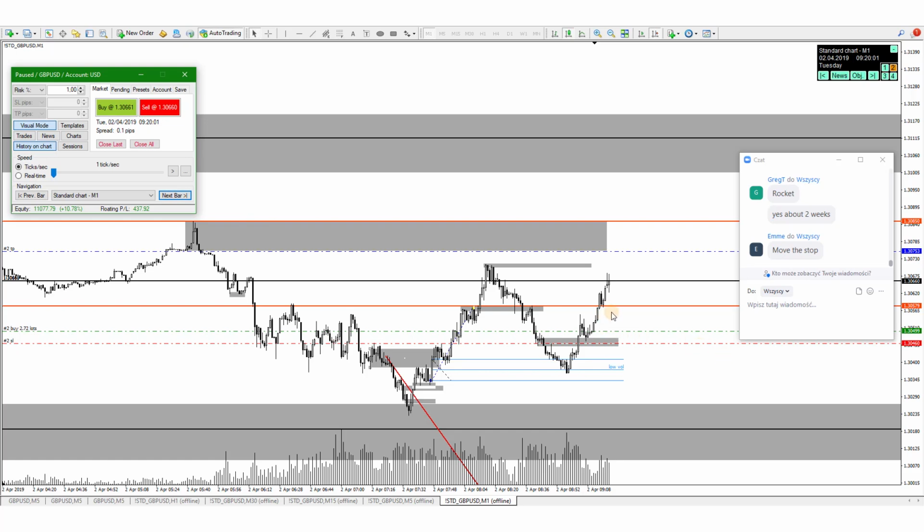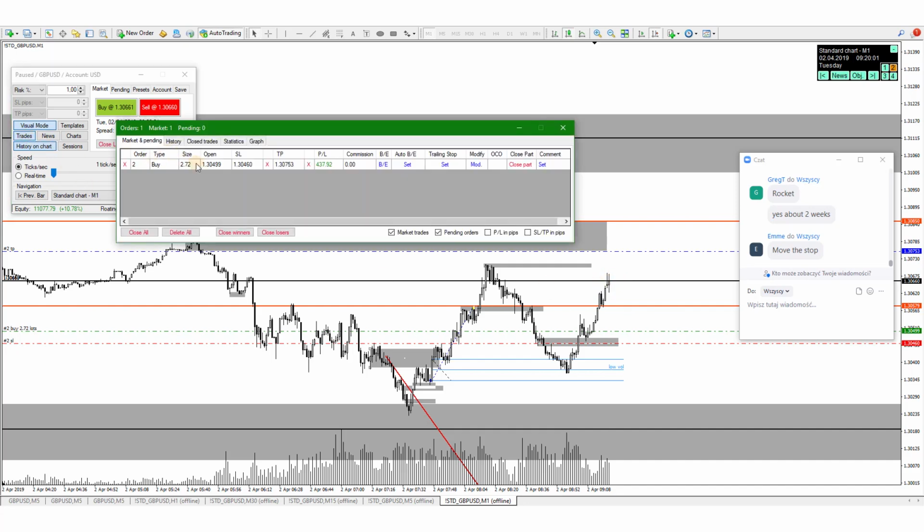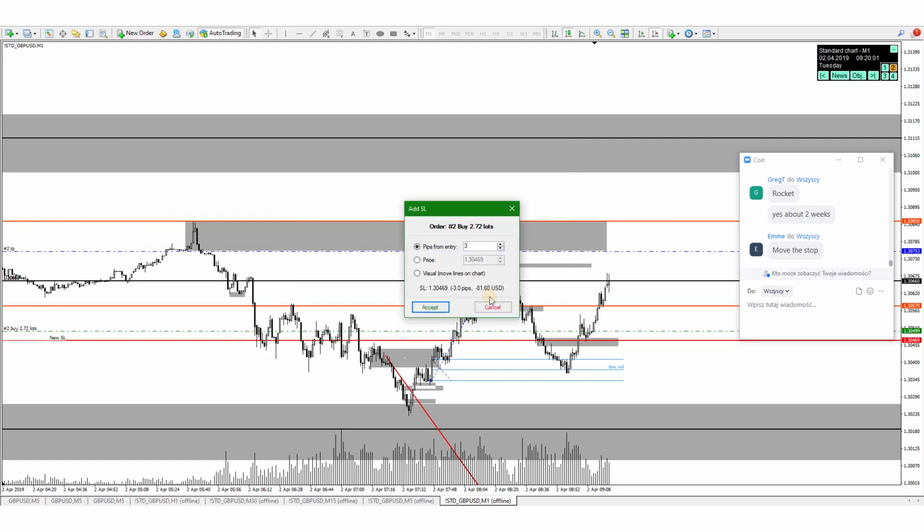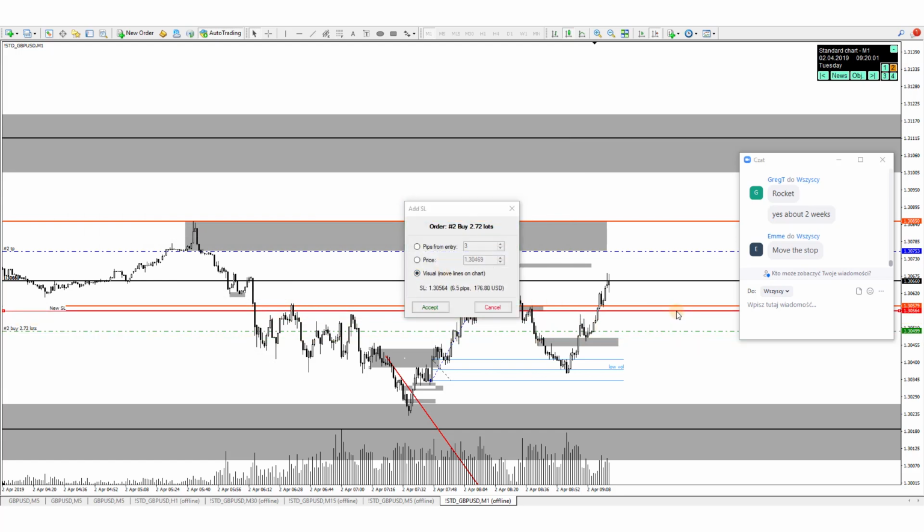It is a very good idea, just below the Asian low. Here price made a fresh high, so maybe here is another demand, but this is not what I like to see. So yes, we are moving the stop loss just below here. So we are 1.5% up. Good.